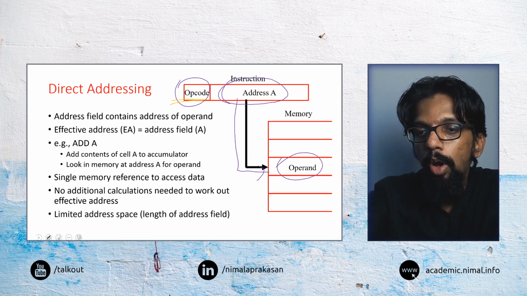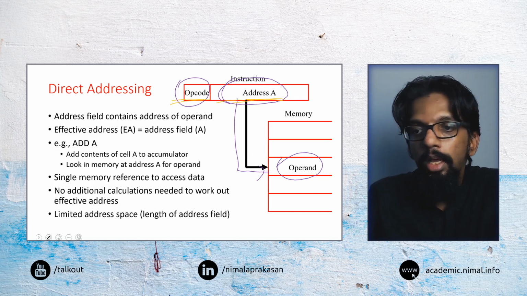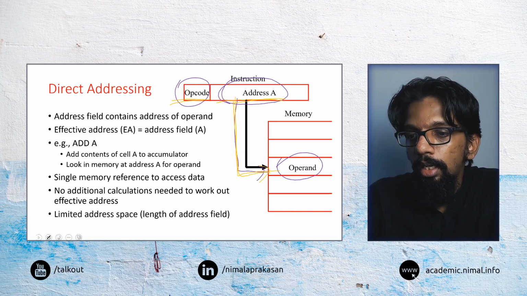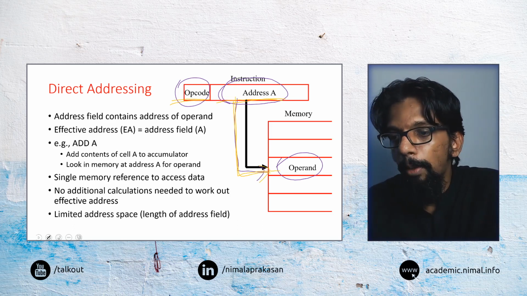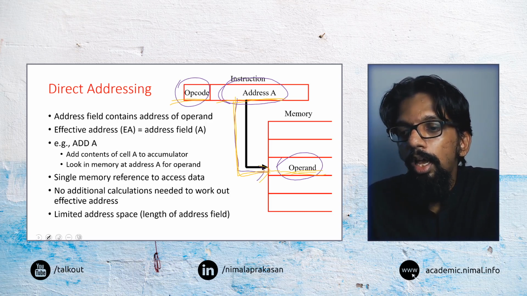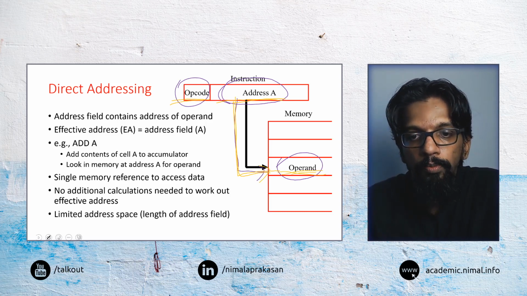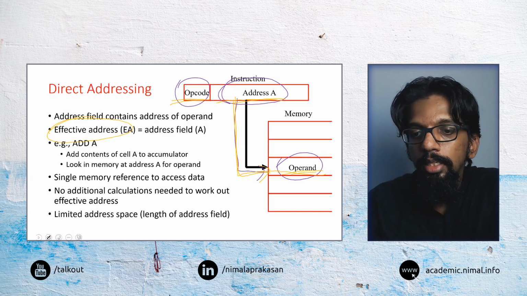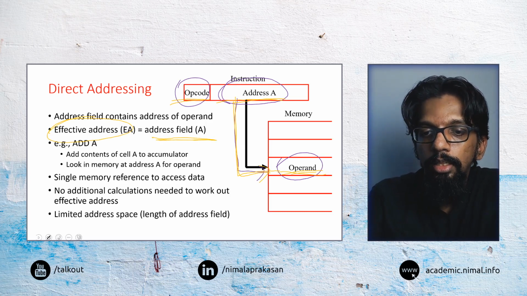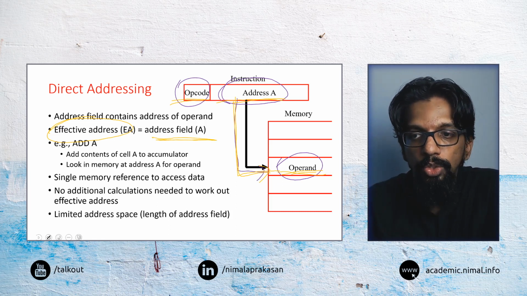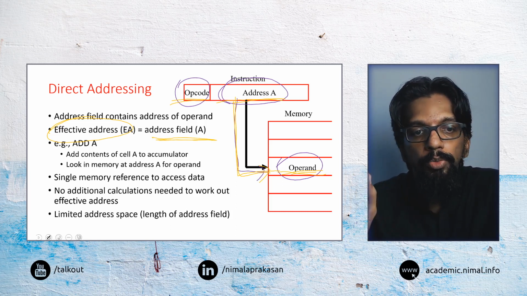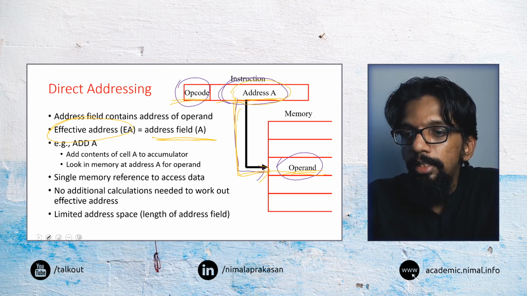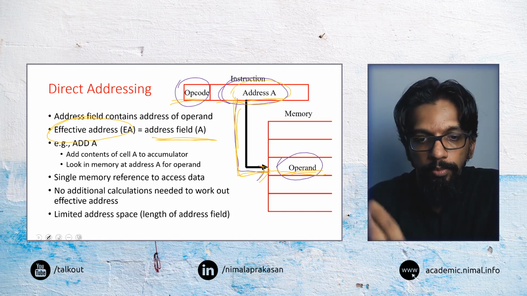The opcode is there, the address is there as part of the operand, and that address is pointing to some place in the memory where the operand is stored. So the effective address is the location where it is stored, where the address is pointing to in the memory.